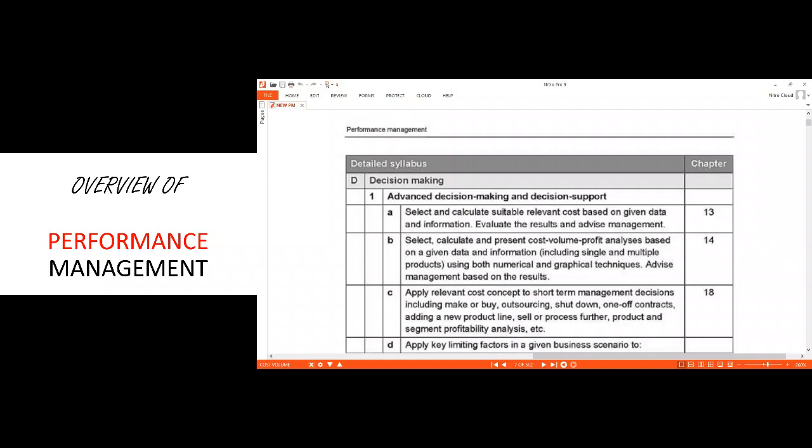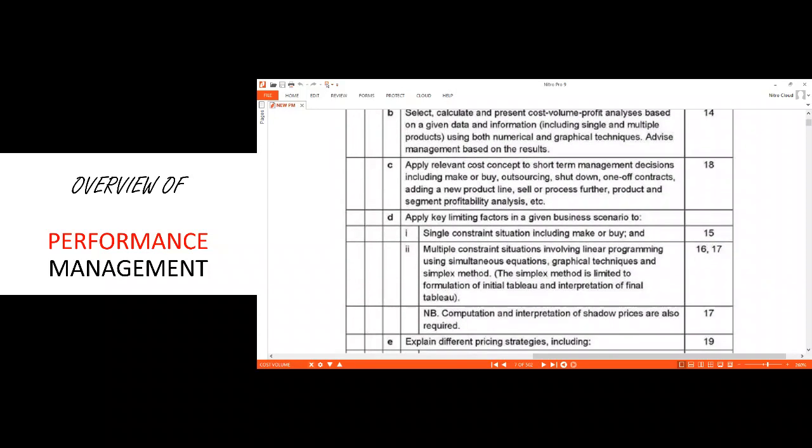We are going to select, calculate and present cost volume profit analysis, and we are going to walk it through. Also, it's expected of us to apply relevant cost concepts to short-term management decisions like outsourcing, shutting down, buy, sell, and the like decision making.